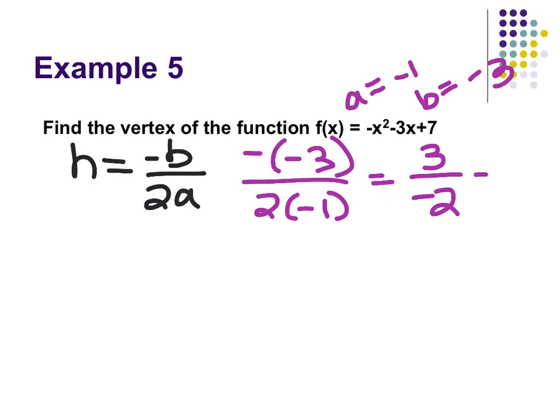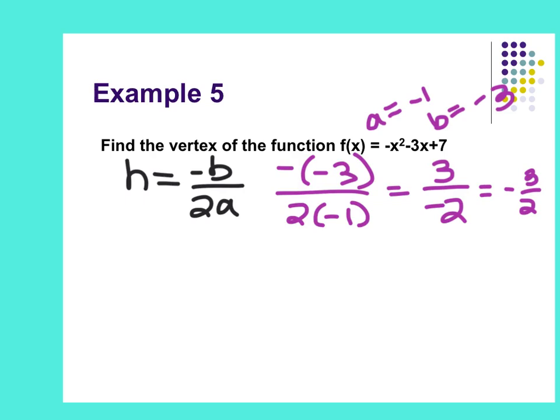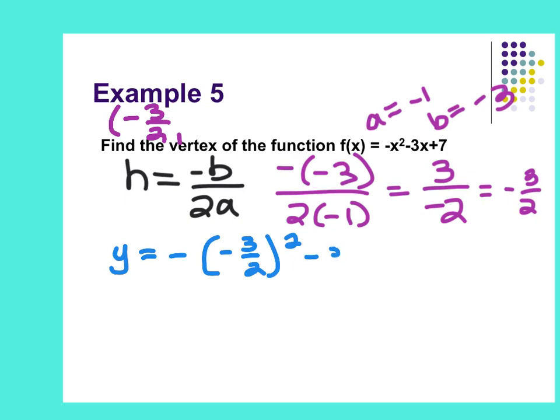So the h is negative 3/2. And then I got to take that and plug it back into my equation to get the k. So y equals negative 3/2 squared minus 3 times negative 3/2 plus 7.